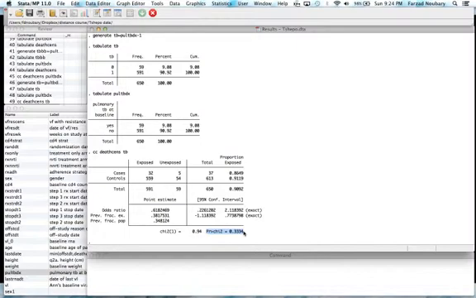This is why, getting back to our first discussions of hypothesis testing, when we have a p-value greater than 0.05, like we do here, we say that we fail to reject the null instead of saying that we accept it.